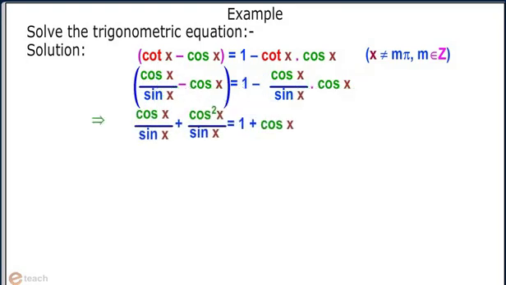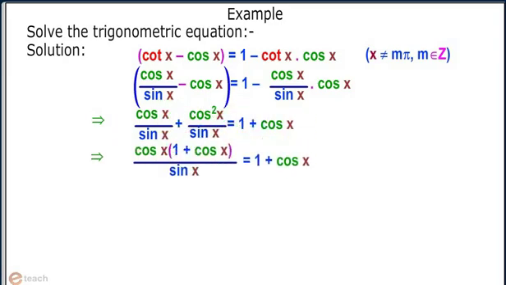This implies cos x by sin x plus cos square x by sin x equals 1 plus cos x. This simplifies to cos x into (1 plus cos x) by sin x equals 1 plus cos x.